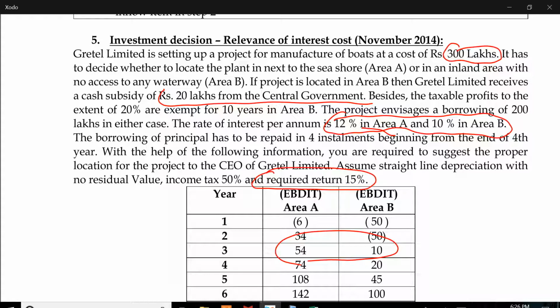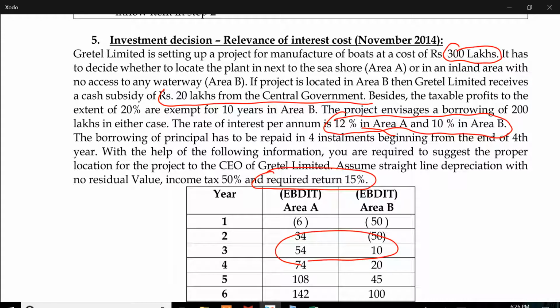Now, write point number 1. The rate of interest for area A and area B is different. Full stop.